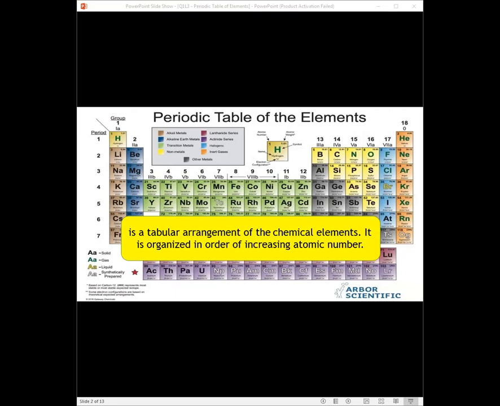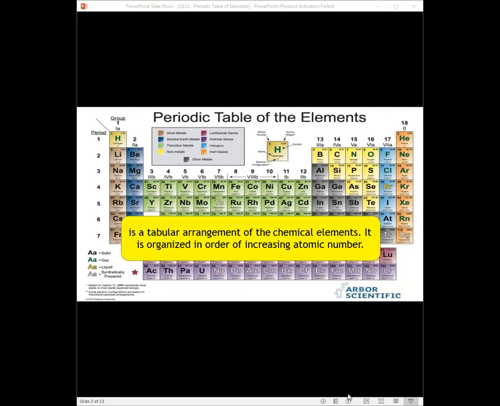As for the atomic number, it refers to the number of protons or electrons in an element. And as mentioned here, the elements are organized in the periodic table of elements according to increasing atomic number. Therefore, the atomic number indicates the position of the element in this table.